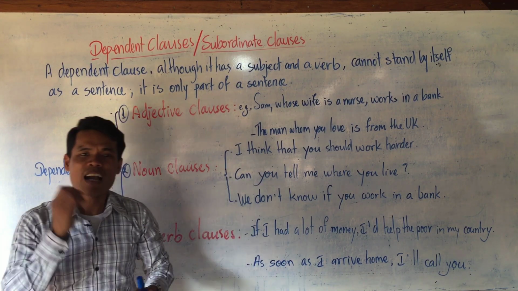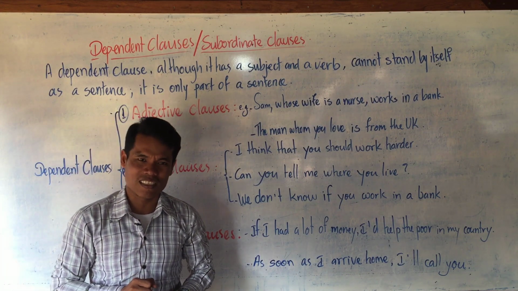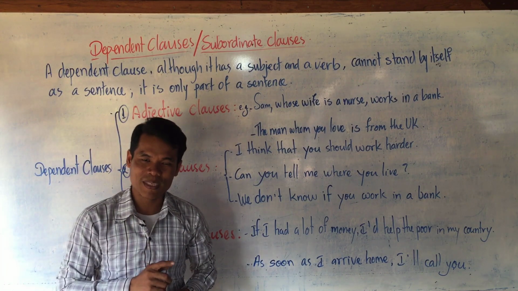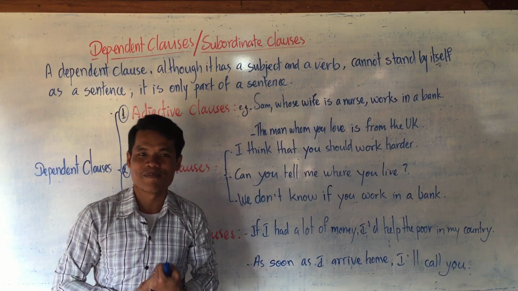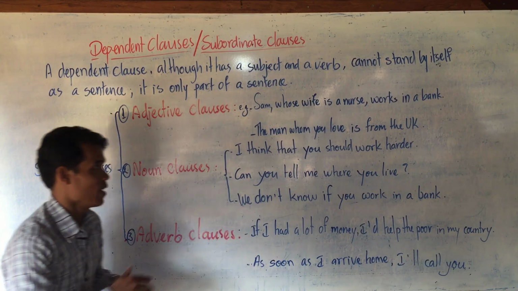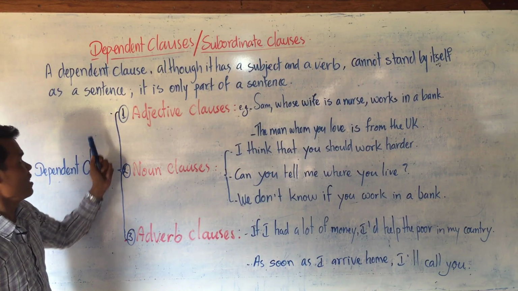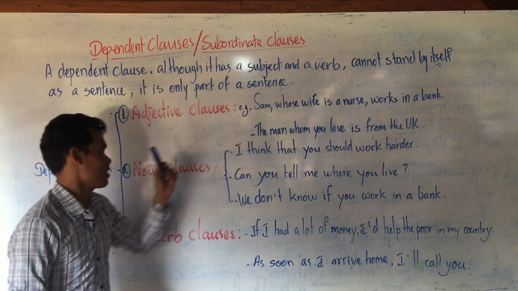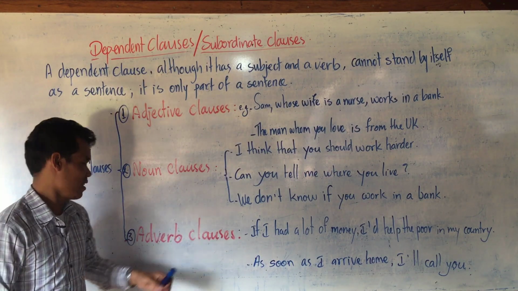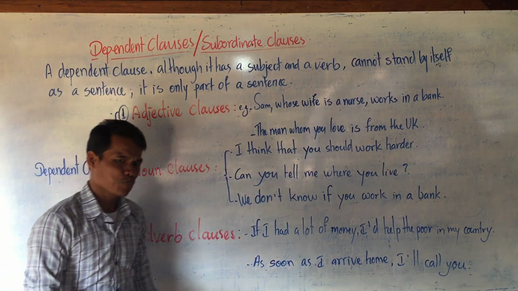And how many types of dependent clauses are there? You tell me. There are three types of dependent clauses. What are they? Number one is adjective clauses. Number two is noun clauses. Number three is adverb clauses.